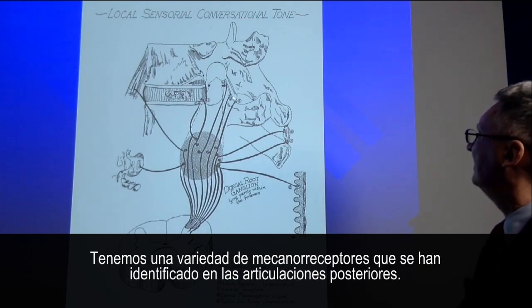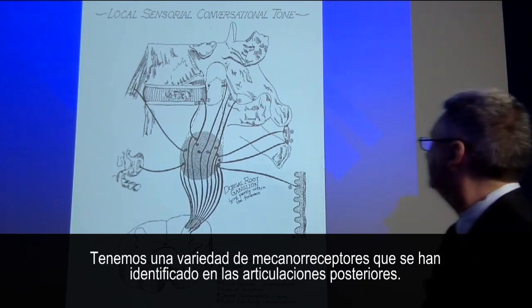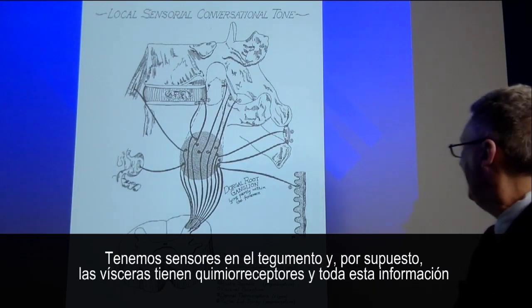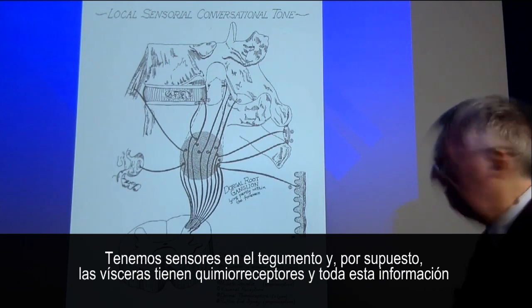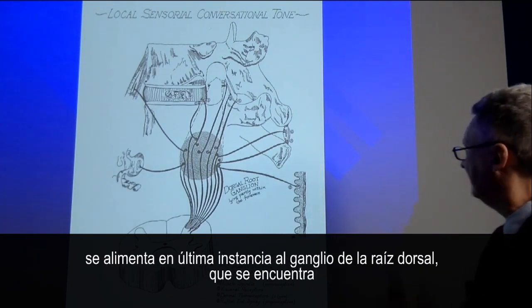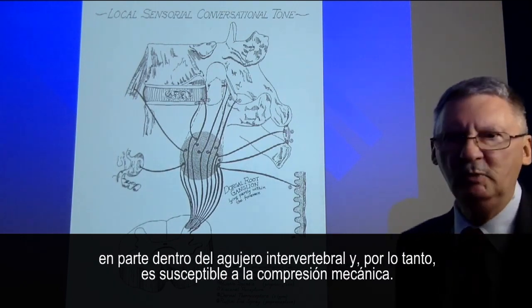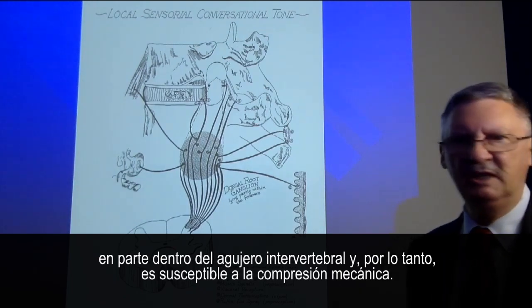We have a variety of mechanoreceptors that have been identified in the posterior joints. We have muscle spindle apparatus. We have sensors in the integument. And of course, the viscera have chemoreceptors. And all of this information is ultimately fed to the dorsal root ganglion, which lies partly within the intervertebral foramen and is therefore susceptible to mechanical compression.